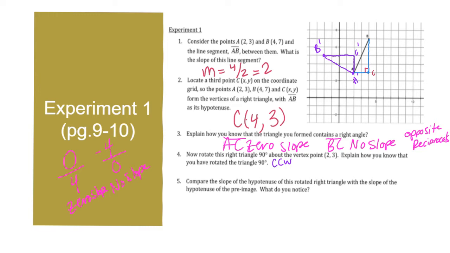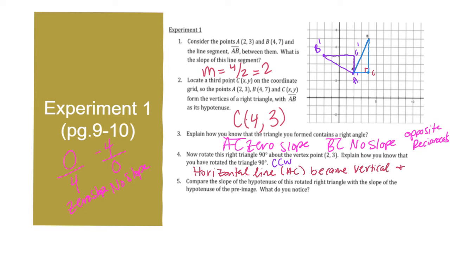And look at it and check and see, does it look like the triangle was rotated? The original one that I'm going to outline here in blue was rotated 90 degrees counterclockwise. If you turned your paper one sideways turn, would it look like the purple triangle? Yes, it would. The explanation we can use to say how we know we rotated it 90, our horizontal line, which was AC, became vertical.